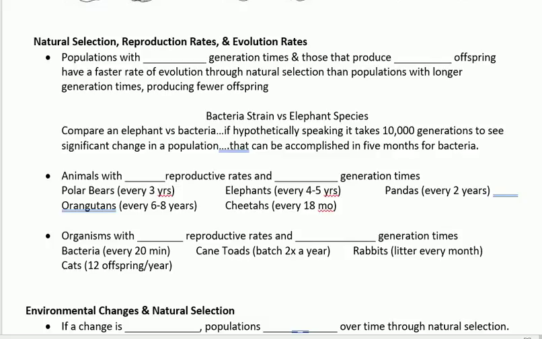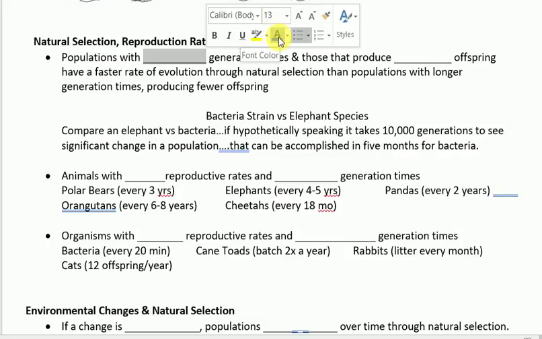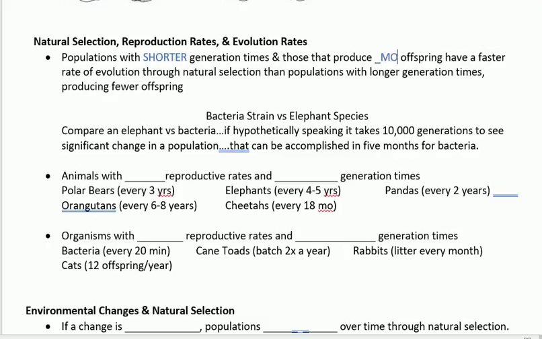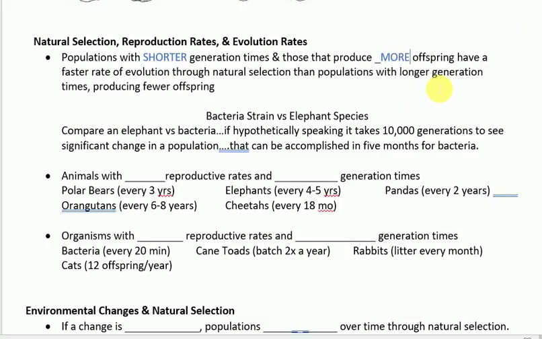Okay, let's talk about natural selection and reproduction rates and evolution rates. So populations with shorter generation times and those that can produce more offspring have a faster rate of evolution through natural selection than those populations that have longer generation times, producing fewer offspring.